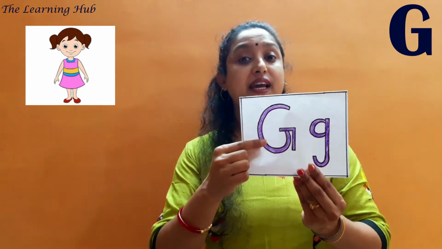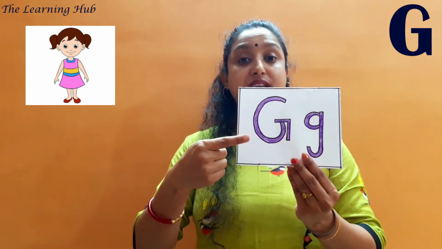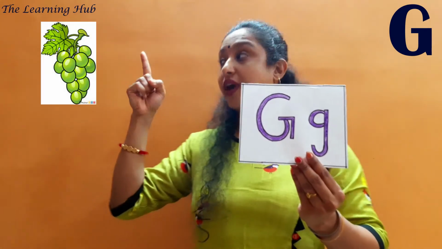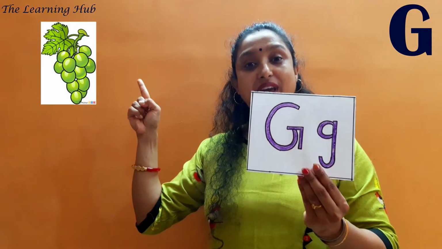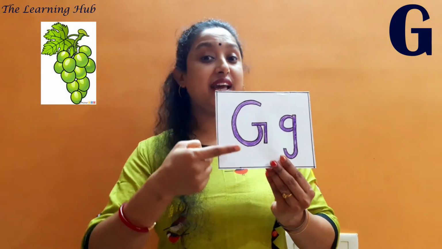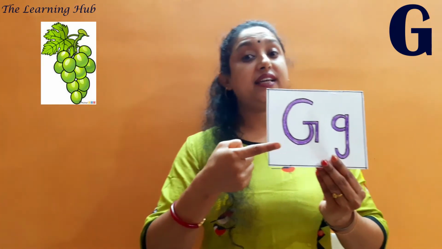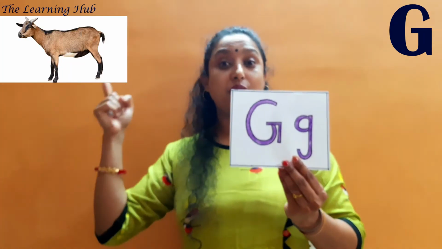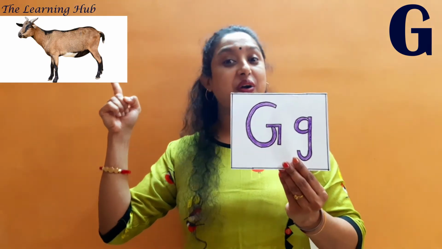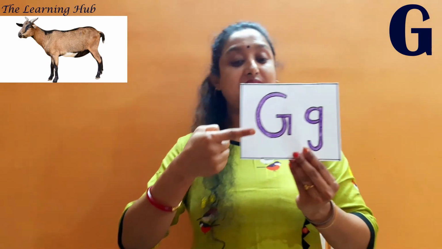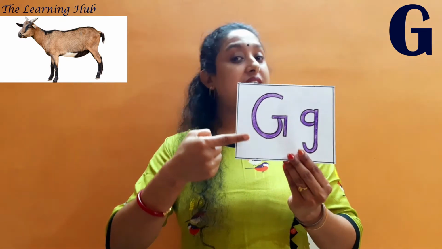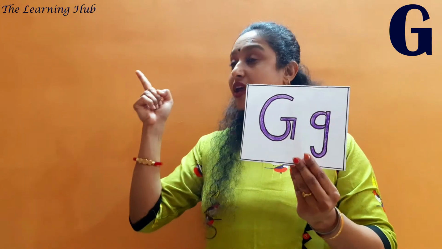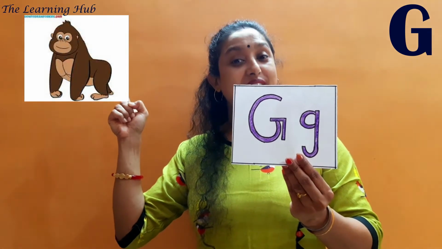We are learning letter G, letter G, letter G. We are learning letter G. G is for grapes, G, G, grapes. We are learning letter G, letter G, letter G. We are learning letter G. G is for goat, G, G, goat. We are learning letter G, letter G, letter G. We are learning letter G. G is for gorilla, G, G, gorilla.